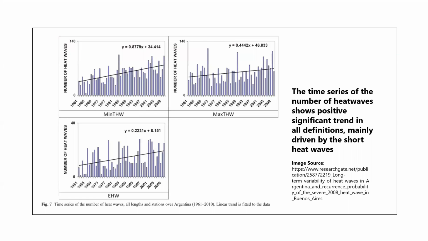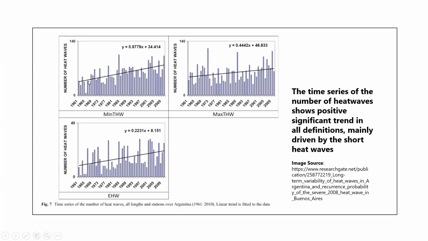This is a case of Argentina. Okay, so this is the time series of the number of heat waves, all lengths and stations over Argentina from 1961 to 2010. The time series, as shown here, shows a positive significant trend.